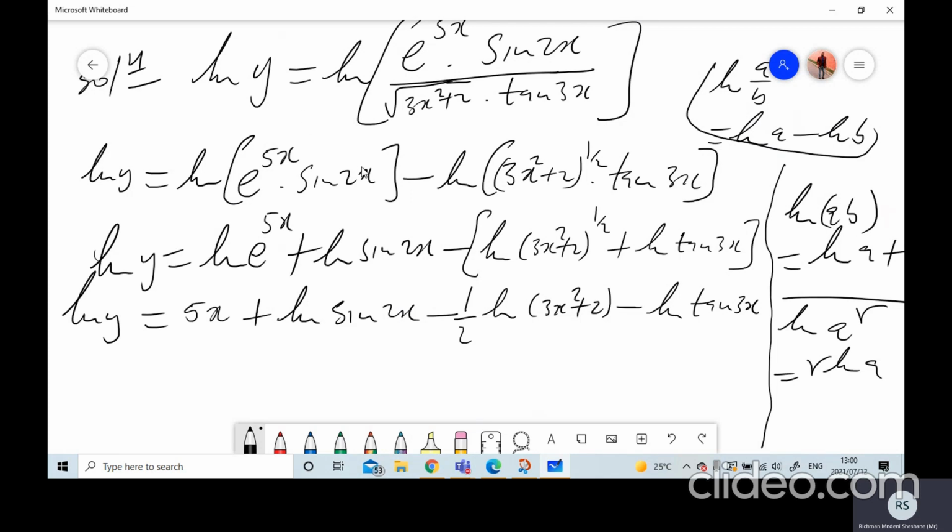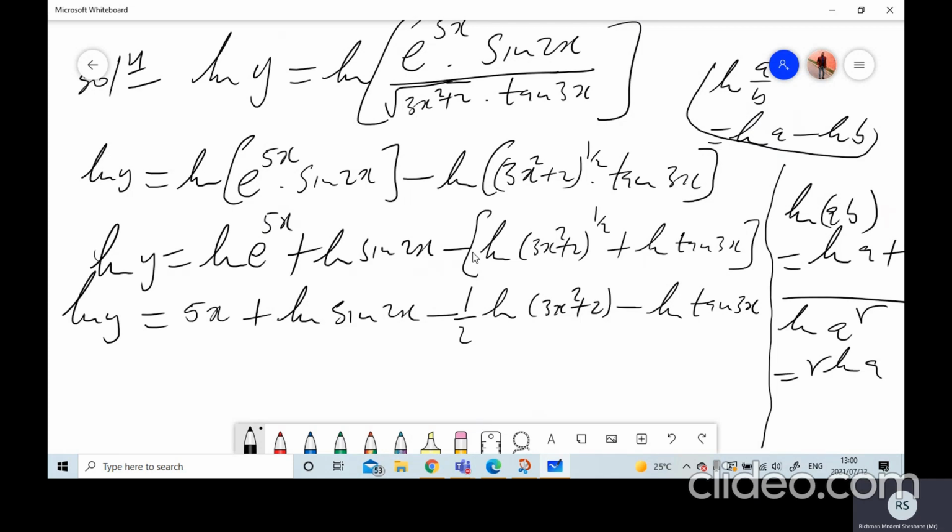If we choose the first function as a and the second as b, so this will be ln y equal to ln of e to the 5x plus ln of sine 2x minus ln of the first function, which is 3x squared plus 2 to the half, plus ln of the second function, ln of tan 3x.